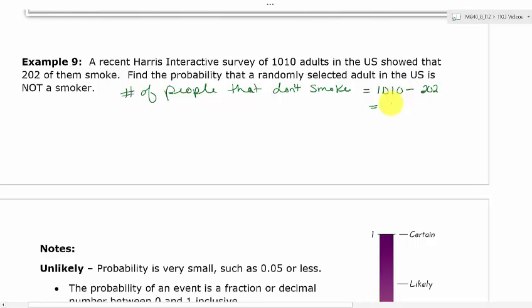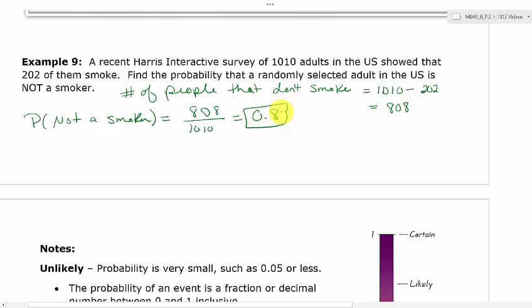So 1,010 minus 202, and we get 808. So we want the probability of not a smoker, and that's going to be 808 divided by 1,010, and that would be 0.8.